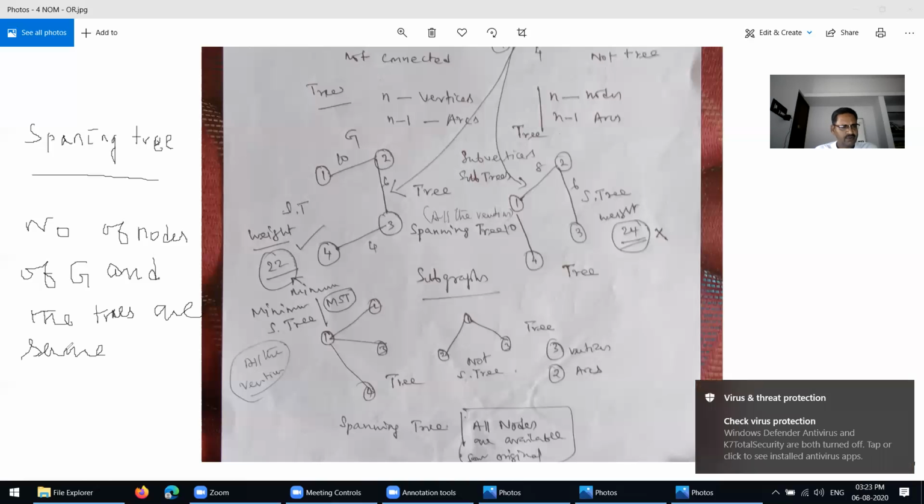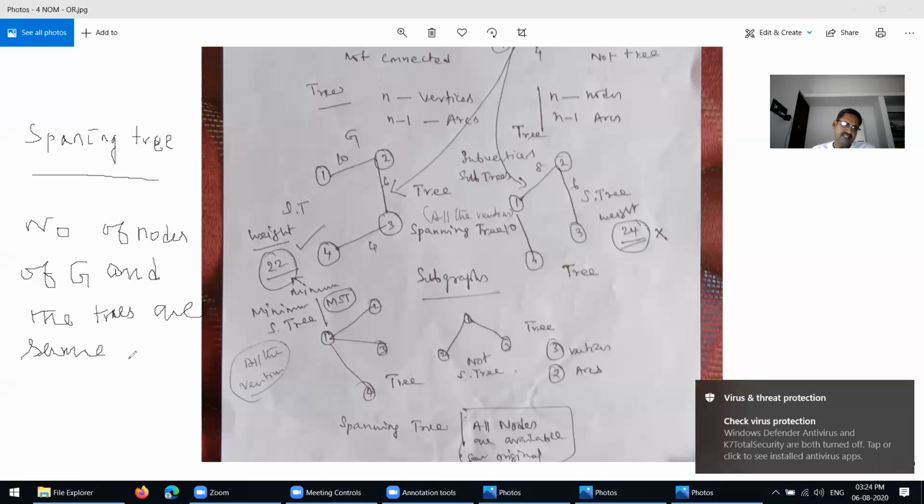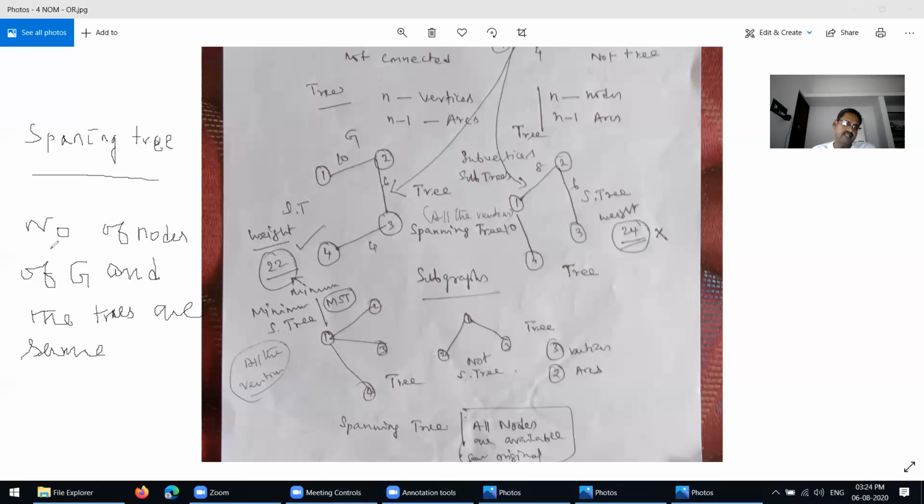Clear now? The number of nodes of G, a connected graph, and the number of nodes of the tree are the same. So the tree is nothing but a spanning tree.